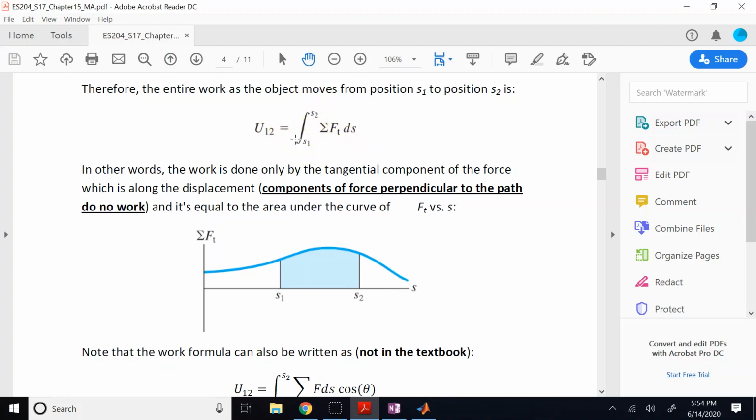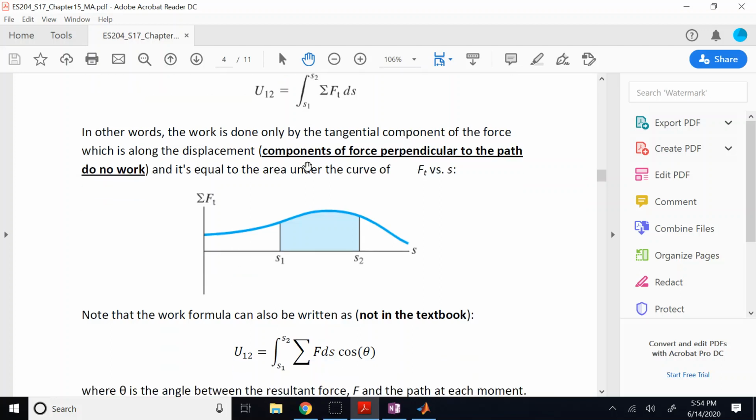We know it's the area under the curve. So if the particle moves from position S1 to position S2, then the area under the curve of Ft versus S is what? Work. Very well. So that's the physical meaning, and the unit for work, we know it's Newton meter or pound force feet, and the Newton meter we also call joules.